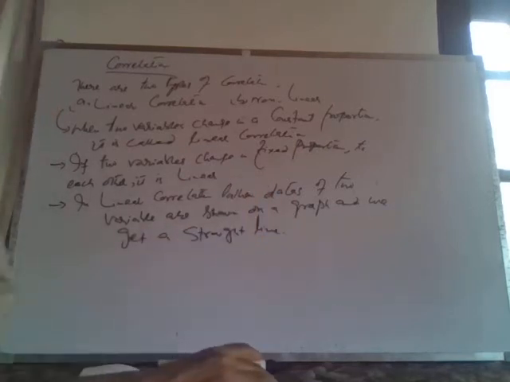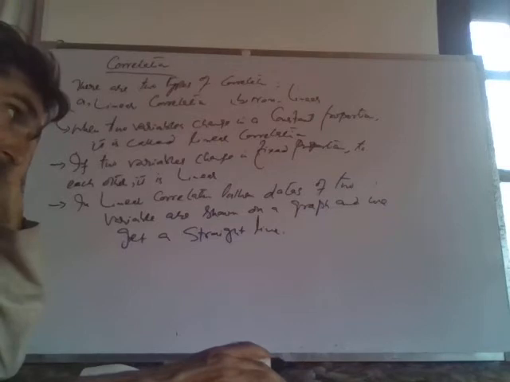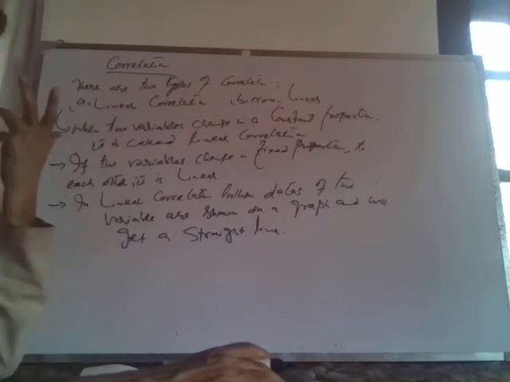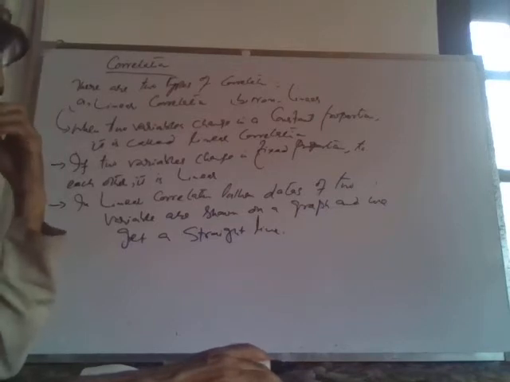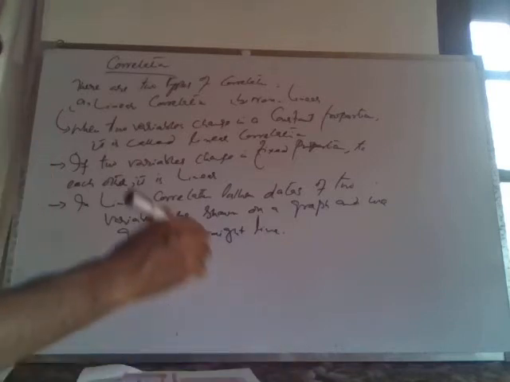Or in other words, when a linear correlation is plotted on graph paper, it shows a straight line. Thus, we can say linear correlation implies a straight line relationship.